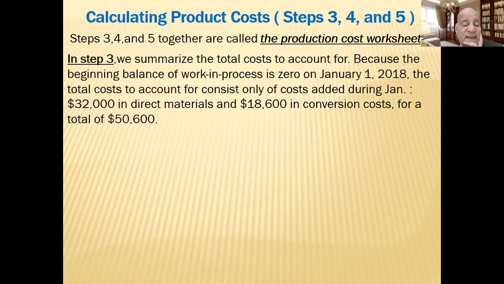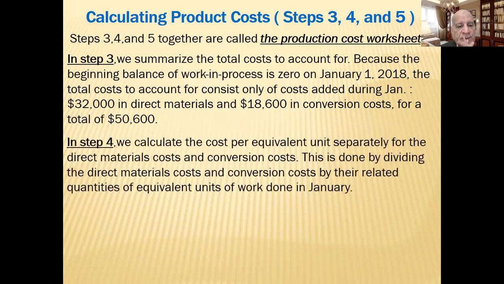As for step number 4, we calculate the cost per equivalent unit separately for the direct materials costs and conversion costs. This is done by dividing the direct material costs and conversion costs by their related quantities of equivalent units of work done in January.